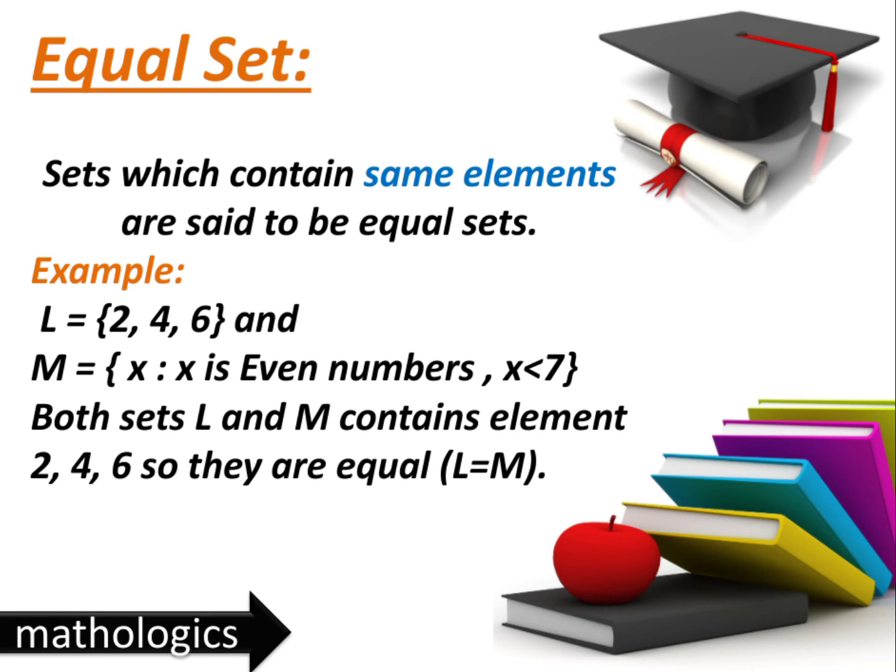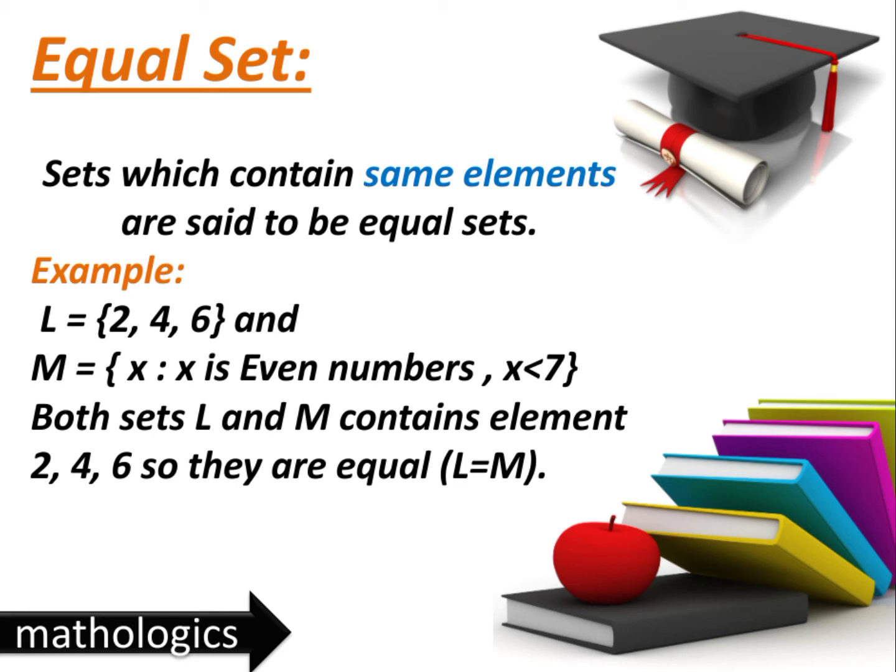Equal set. Sets which contain the same elements are said to be equal sets. Basically, this is a comparison between two or more sets. Here we have an example. L is a set whose members are 2, 4 and 6, and we have another set M which is even numbers less than 7.